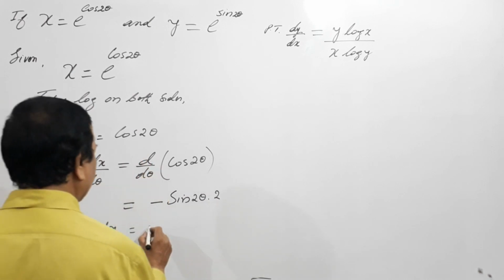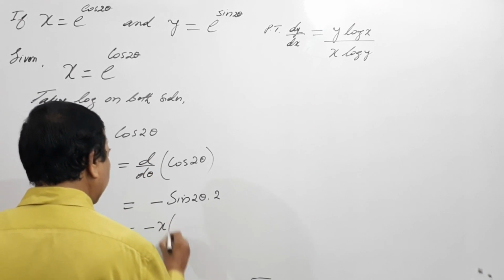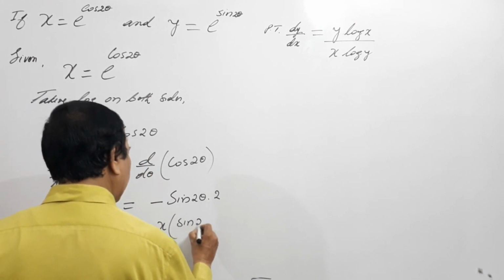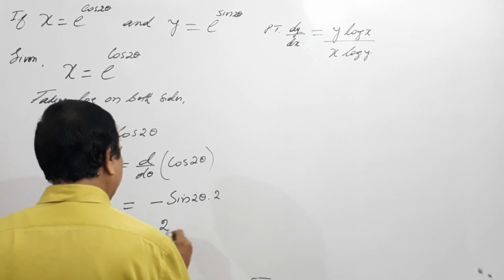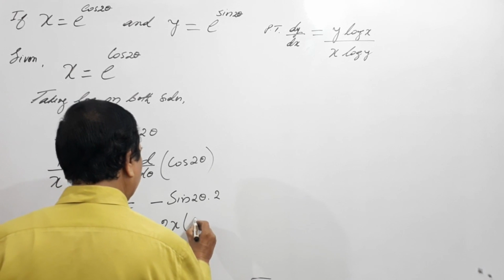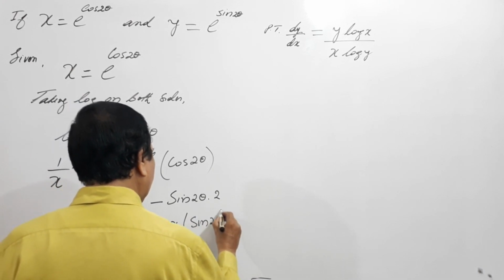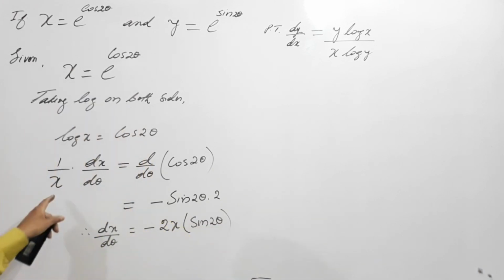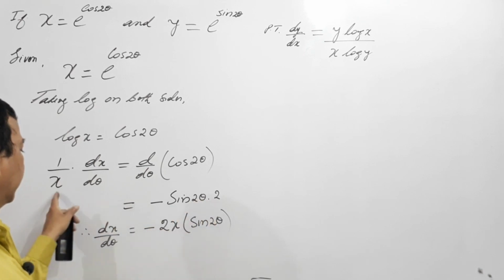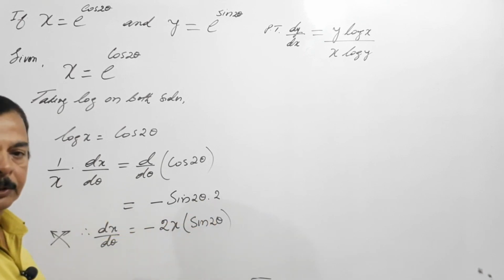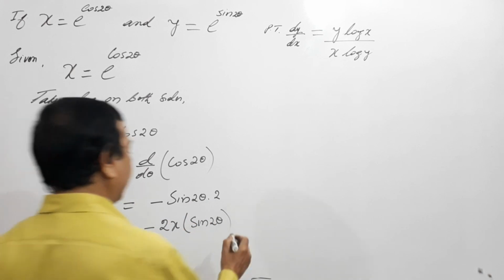This x you send to the other side, so this becomes minus 2x into sin 2 theta, by cross multiplying. So this is our equation 1.